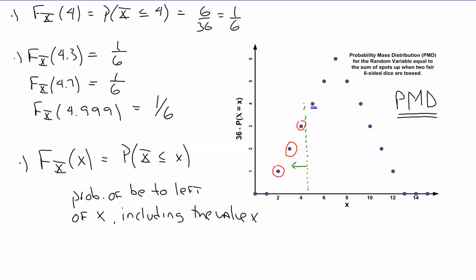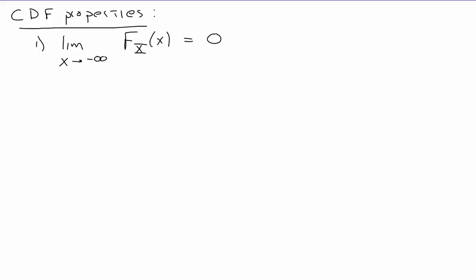1. The limit as x approaches minus infinity of my cumulative distribution function equals exactly 0. Going back up here, my cumulative distribution function becomes 0 and stays 0 as we look at values less than 2. 2.